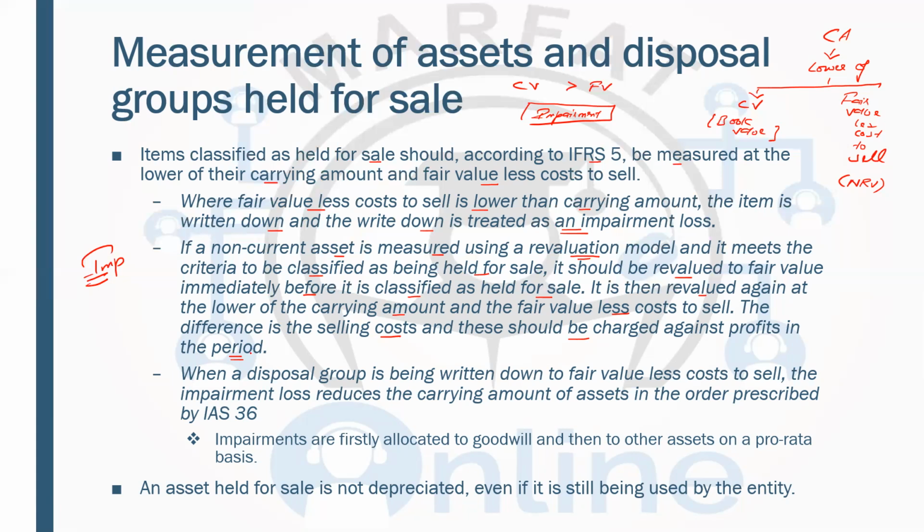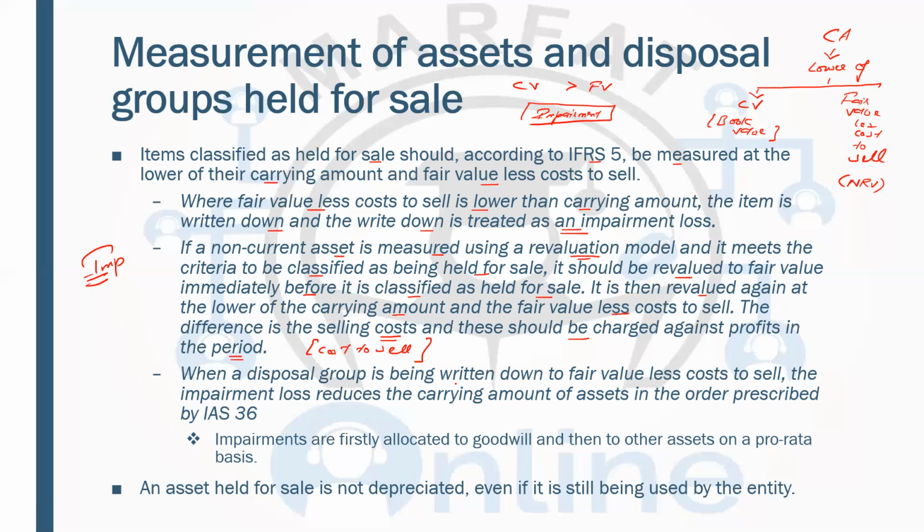So this is what is written over here: the difference is the selling cost. The difference is the cost to sell only, because we have already brought the asset to fair value. So this carrying value represents the fair value, and the only difference is the cost to sell, which should be charged against the profits in the period. That means it should be recorded in the profit or loss.